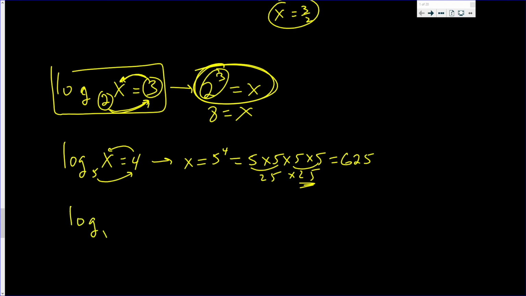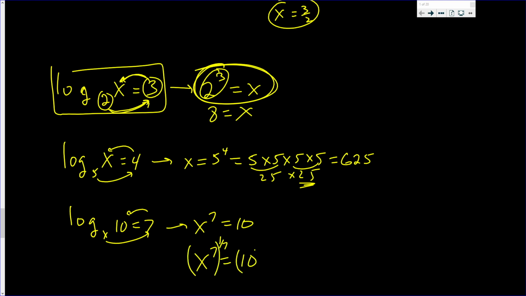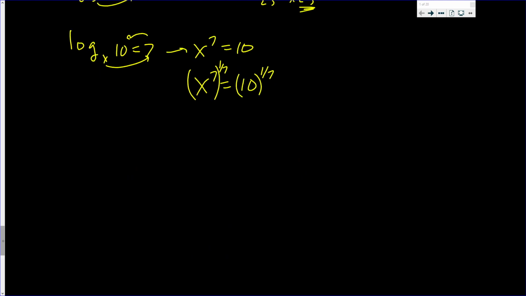Log base x of 10 is 7. Well, this means that x to the 7 is equal to 10. Well, I don't want to know what x to the 7 is. I want to know what x is. So that motivates me to raise both sides to the 1/7 power for one reason. 7 times 1/7 is 1.